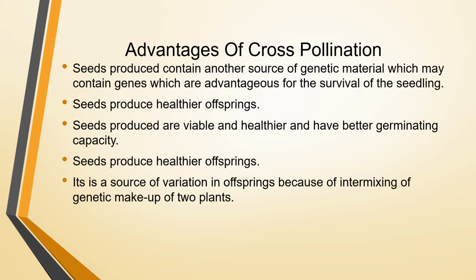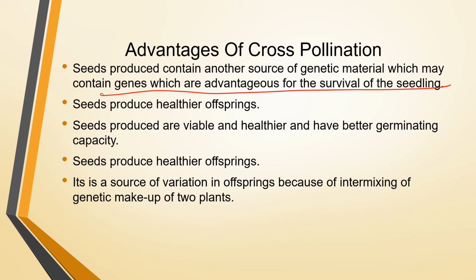Now, what are the advantages of cross-pollination? Now, seeds produced, they contain actually, in this type of pollination, another source of genetic material which may contain genes which are advantageous for the survival of the seedling. Now, in the previous one, we have seen that the quality of the seeds, the seedlings was reducing generation after generation.